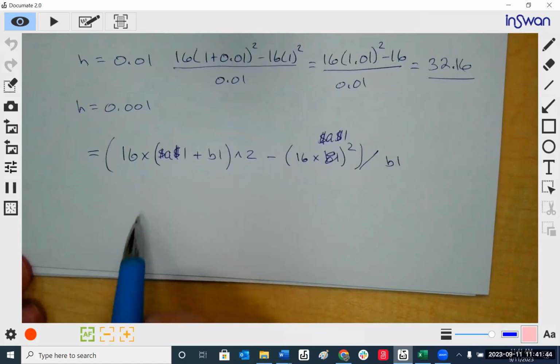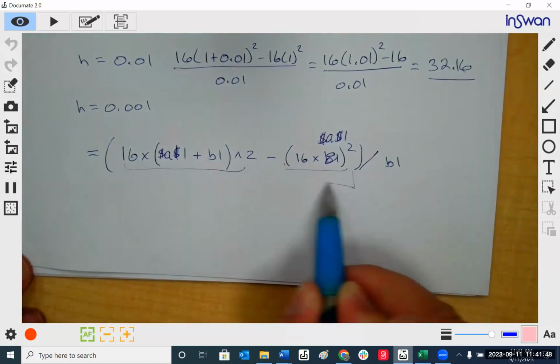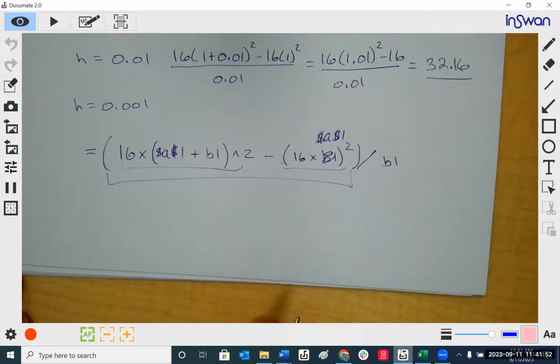Yeah, the hardest thing about this one is this equation and this equation have to be inside that major parenthesis. So that's the beauty. That's why I like Excel. It's a very, very low level programming language because you have to program the formulas in there.